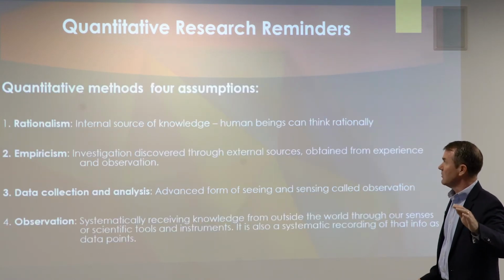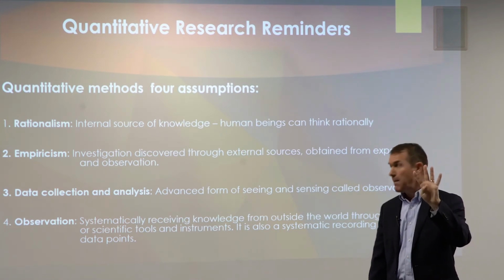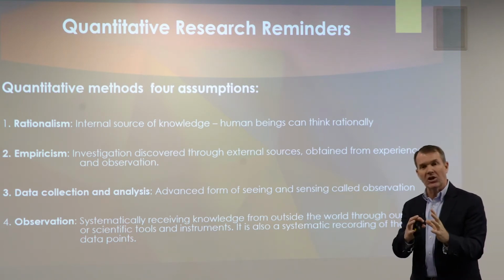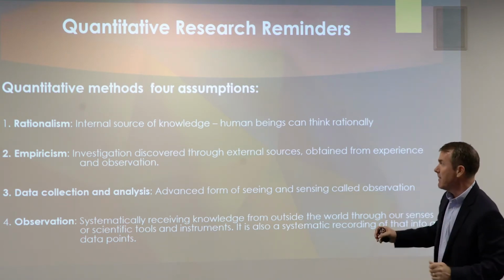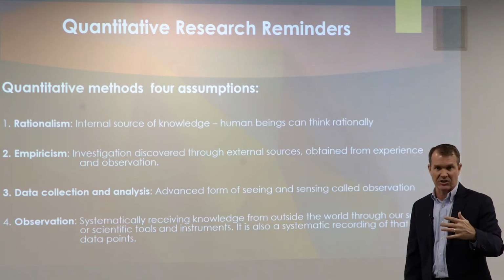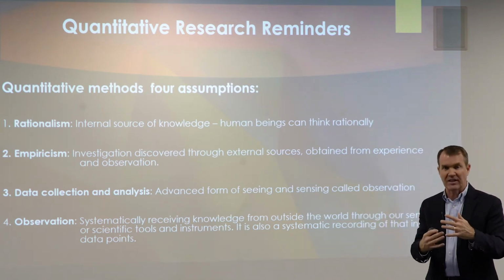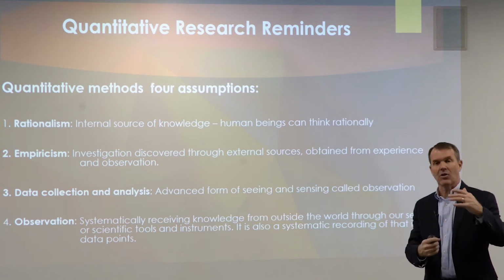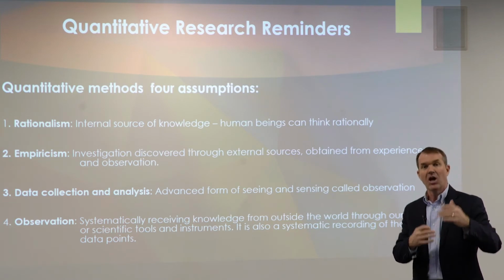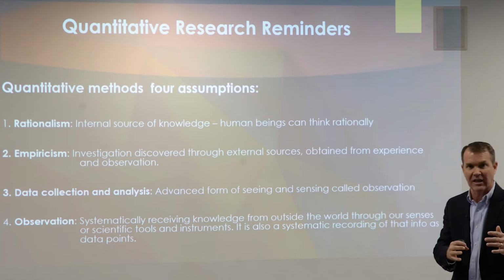Just a couple of general reminders. Quantitative studies have four basic components or assumptions. Number one, rationalism. There's an internal source of the knowledge. What we mean by that is human beings can think and behave rationally. They have the ability and the capacity to answer the question, perform the skill, or do what it is we're asking them to do so that we can quantify a variable within that study.